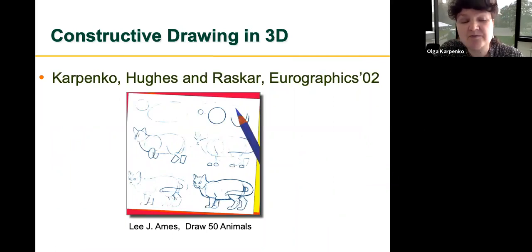hierarchy of shapes. Essentially what it's trying to do is mimic those types of books that teach kids how to draw animals by composing them out of simple primitives, such as circles, ovals, squares. You've probably seen those step-by-step instructions since you were a kid. So those are very common.